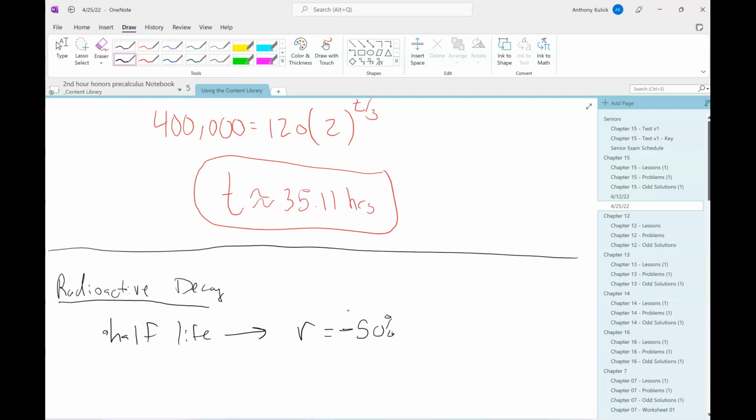Everybody's cool with that? So whenever you read half-life, the R is just negative 50%, and we can do this just the same as we would our population model. So let's look at a couple of examples.